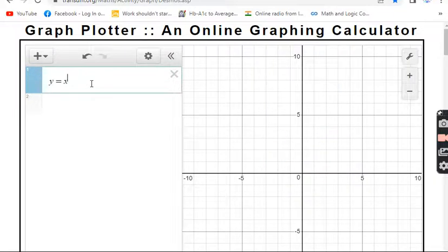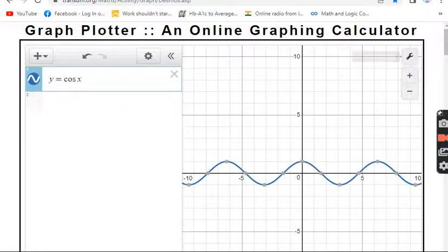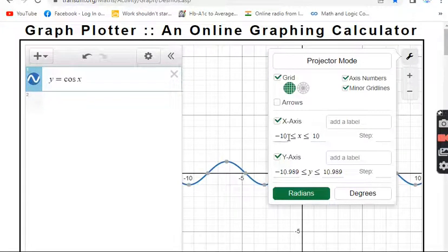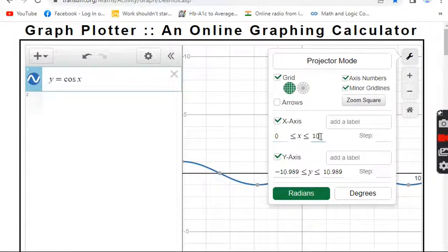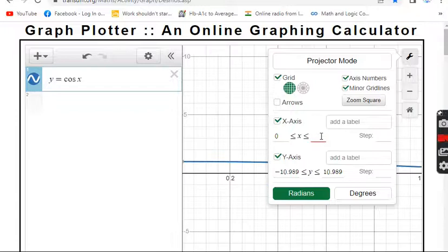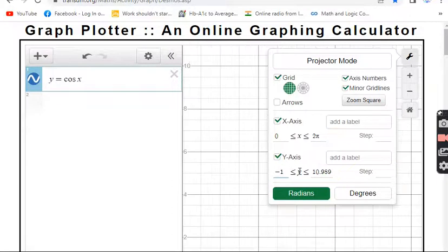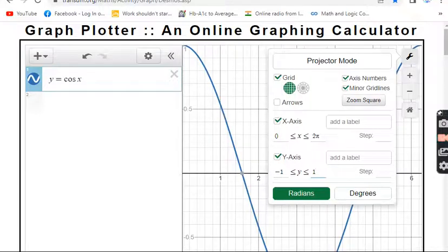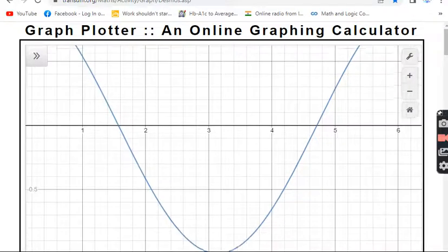You can also plot the graph. First we have to plot the graph of y equals cos x, and the domain must be from 0 to 2 pi, and the range is, the minimum value is -1 and the maximum value is 1. You can check, this is the graph of cos x.